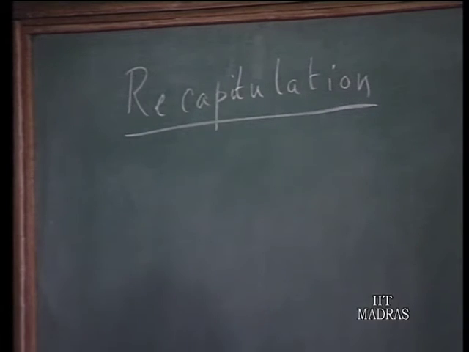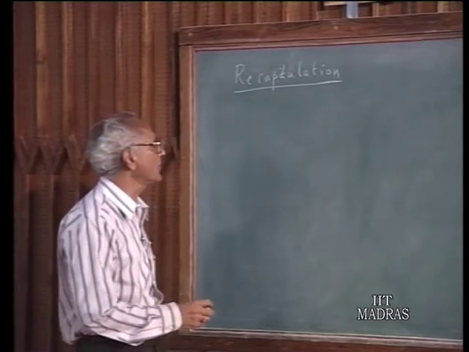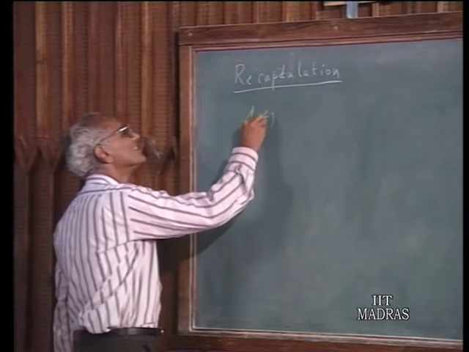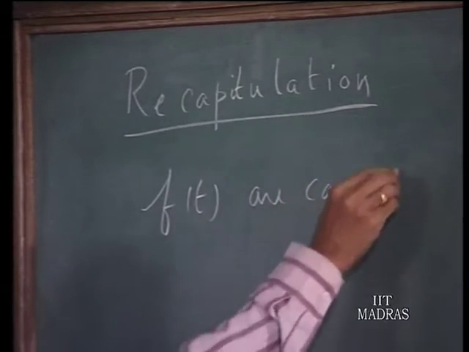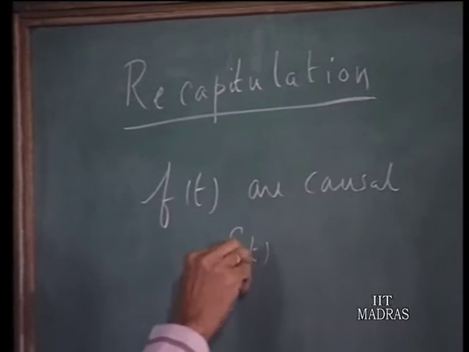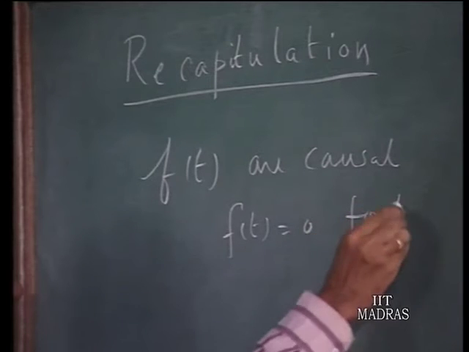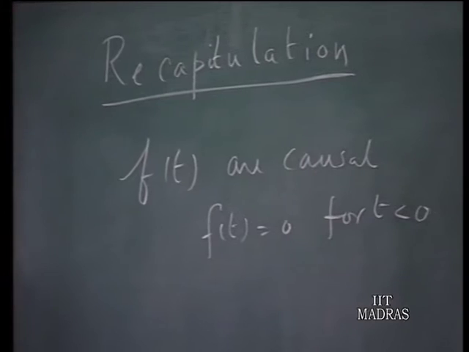We are concerned with functions of time which are causal. So, the f of t which we are concerned with are causal, that is f of t is 0 for t less than 0, and further we said they are of exponential order.